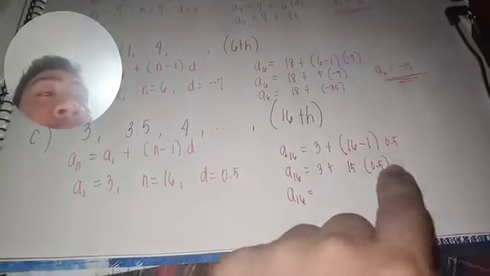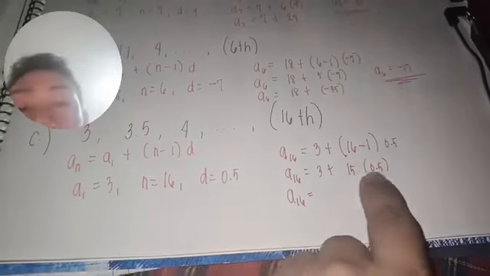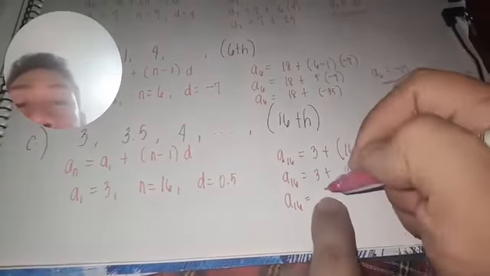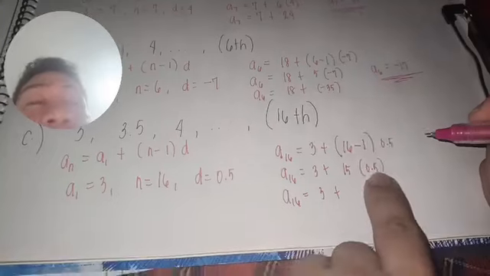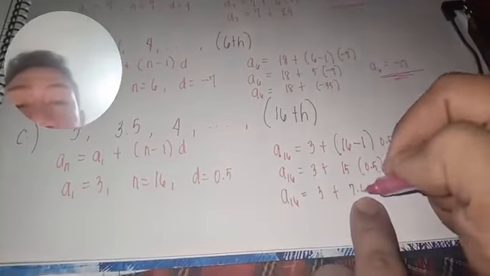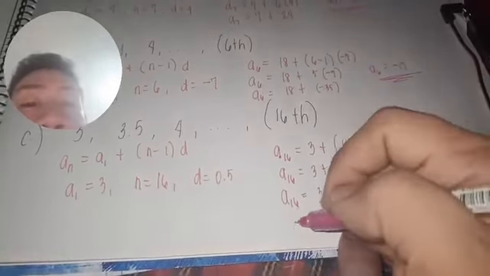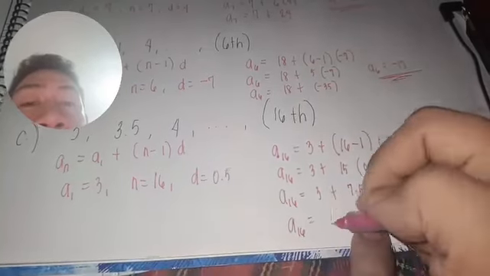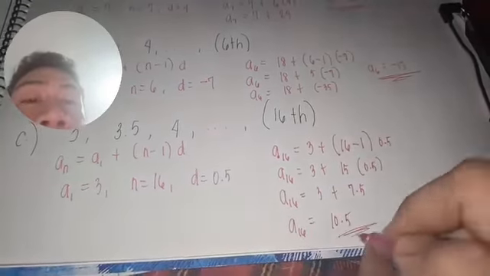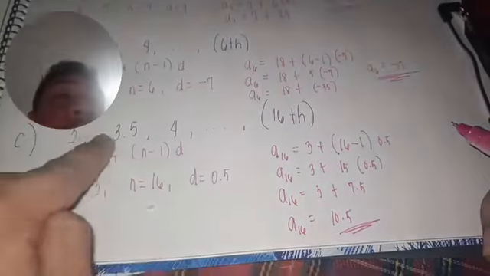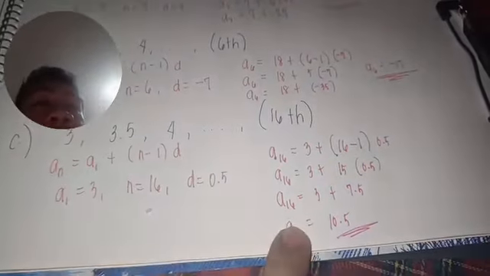Next, do the multiplication. We need to multiply 15 and 0.5. Half of 15 is 7.5. Then do the addition. a sub 16 is 10.5. So that means the 16th term of this sequence is equal to 10.5.